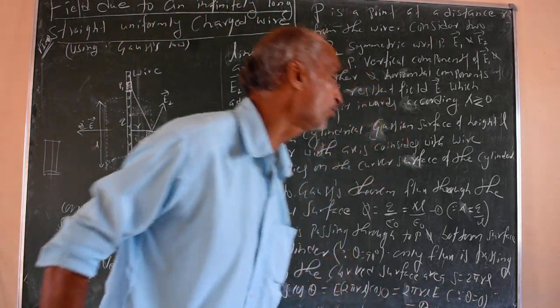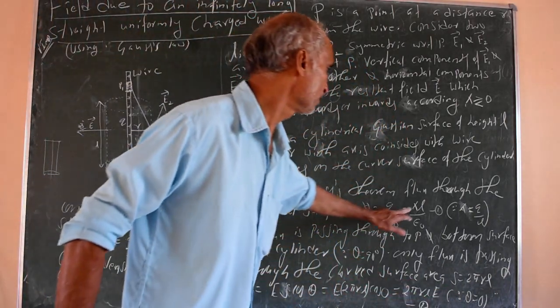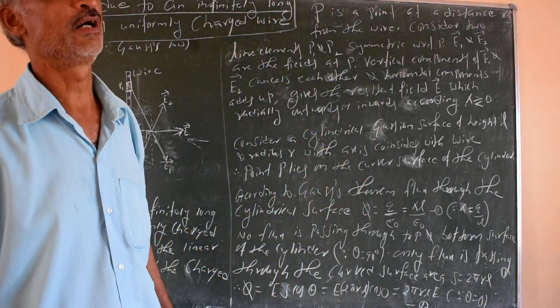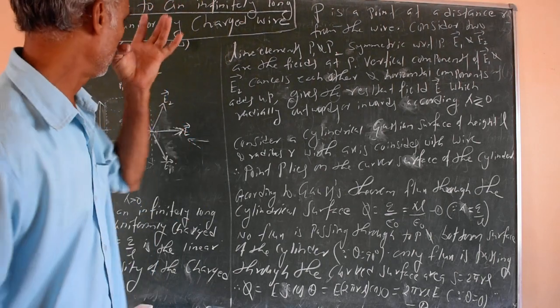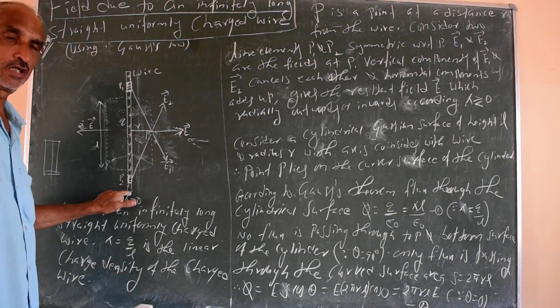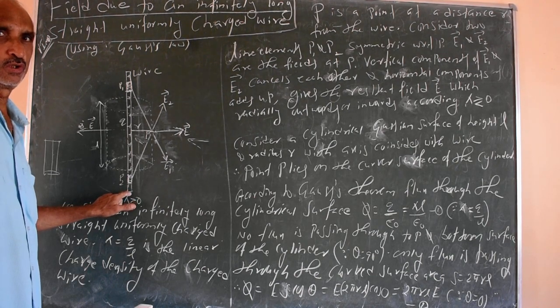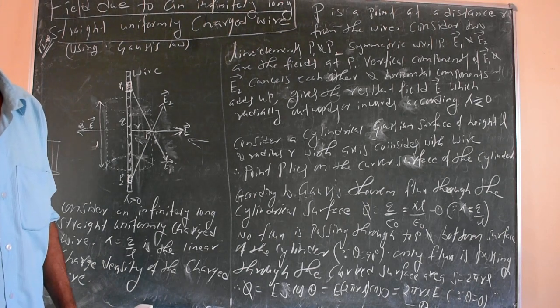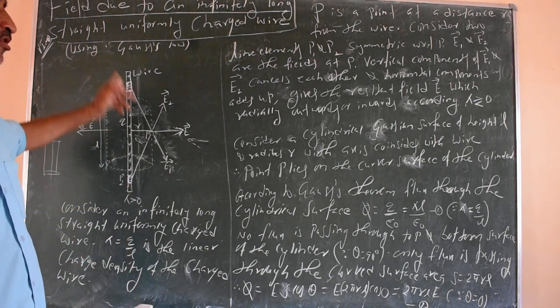So 2 pi r L into E. By equating these two, you will get an expression for the field E. The intention of this derivation is to get the field at a point due to a uniformly charged wire which is straight in nature, and what is the length of that wire? Infinity. Okay, so it extends up to infinity.